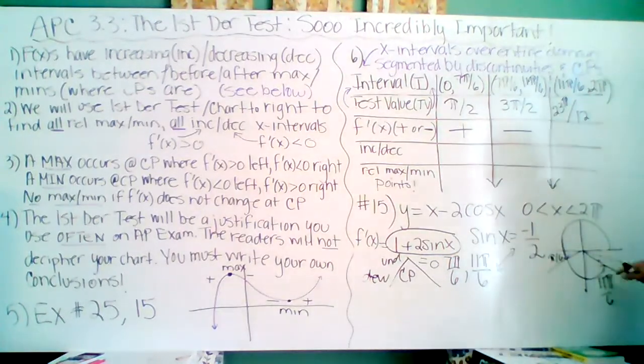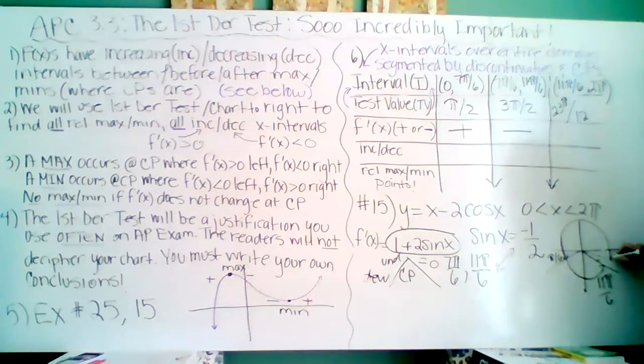Okay, so let's take a look here. At 23 pi over 12, at this dashed line right here, notice that the sine, the y value, is smaller than the sine here, which we said was -1/2. So this sine is smaller, maybe like -1/4 or -1/3, close to that.